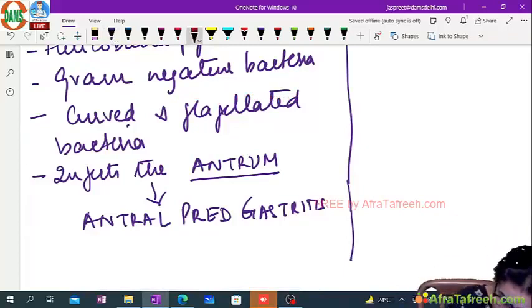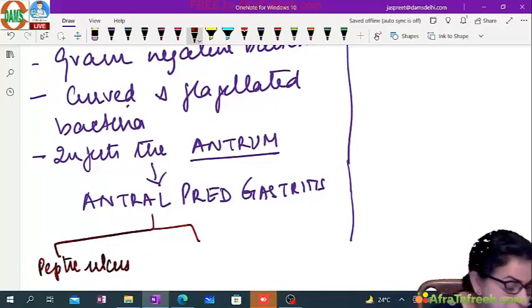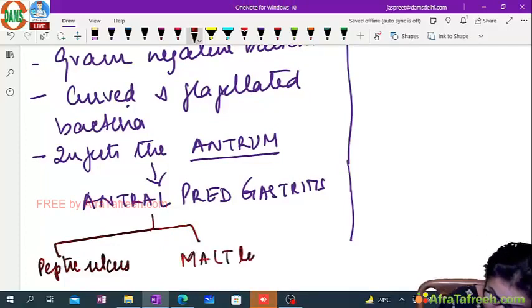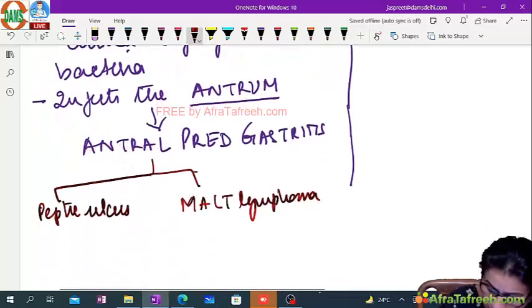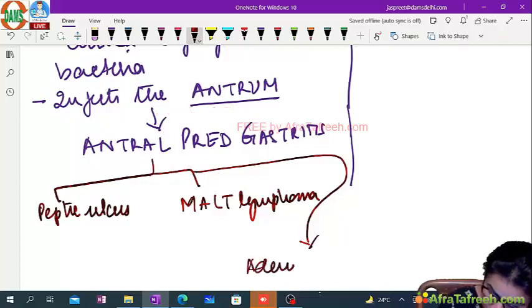Number one, it can lead to peptic ulcers. So patients with H. pylori gastritis can develop peptic ulcers. Second, they can also develop MALT lymphomas of the stomach. And third, they can also develop adenocarcinoma of the stomach.